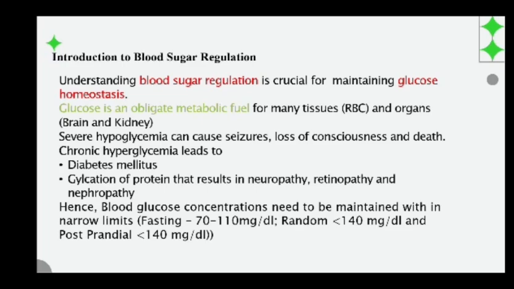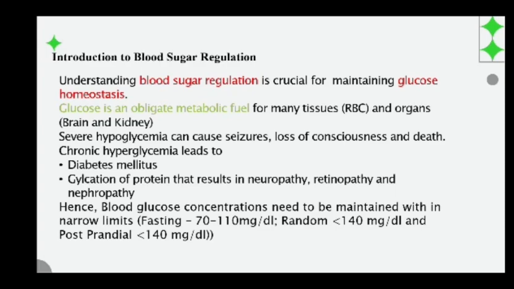Lower blood glucose level causes severe hypoglycemia that can cause seizures, loss of consciousness, and death. Increased glucose level in the body results in chronic hyperglycemia, which leads to various conditions such as diabetes mellitus, glycation of proteins that results in neuropathy, retinopathy, and nephropathy.